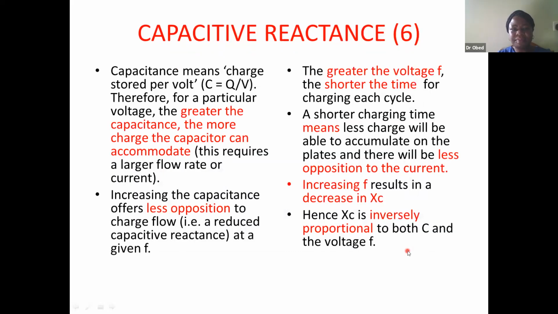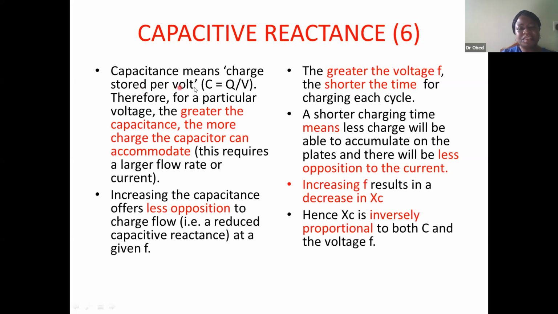So there are some inferences to make based on this. The frequency dependence and the capacitance dependence in that equation are being explained here. Capacitance means charge stored per volt.